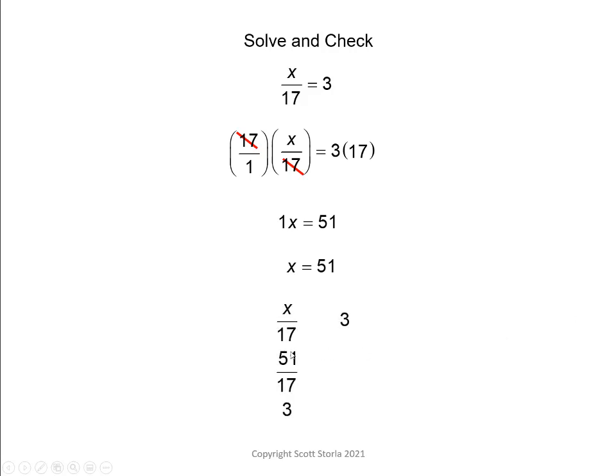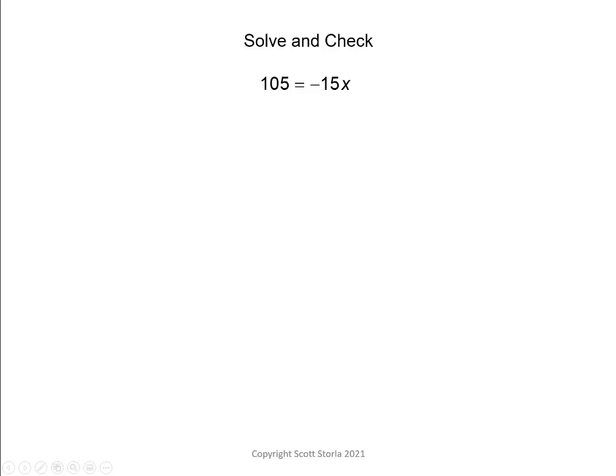And then we should always check our work. Here's another. In this case, the issue is this factor of -15. The inverse would be to divide by -15. I've got to divide by -15 on both sides, though. That's what that property of equality told us.